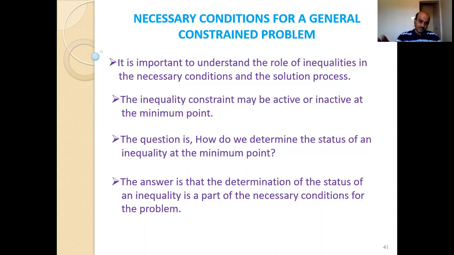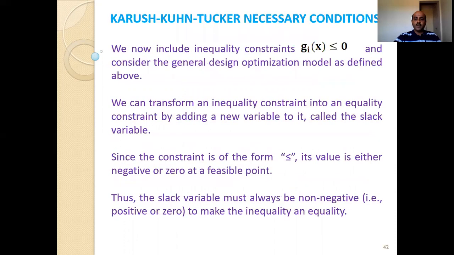So in the further discussion, we are going to discuss a necessary condition for a generalized constraint problem. Okay. The necessary conditions for the generalized constraint problems, we generally call Kuhn-Tucker conditions, in short KKT, the KKT necessary conditions.